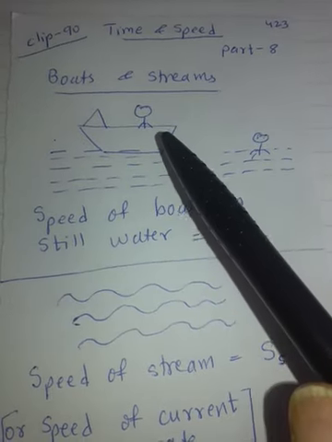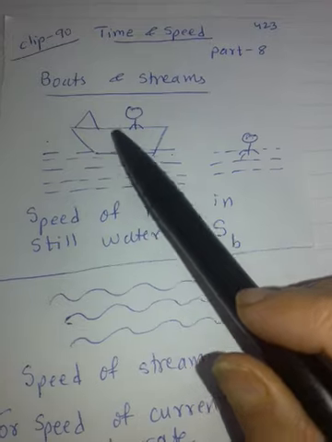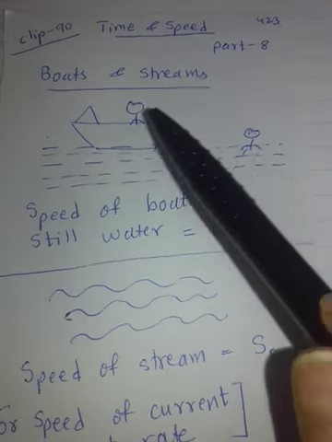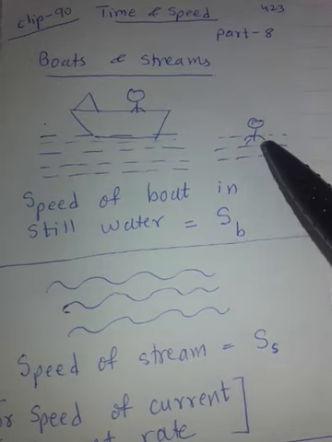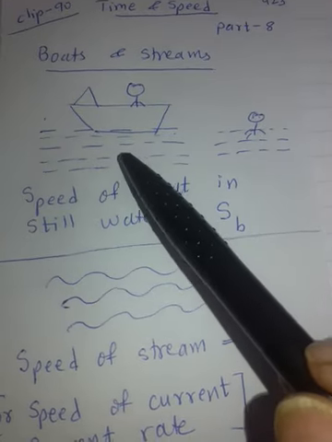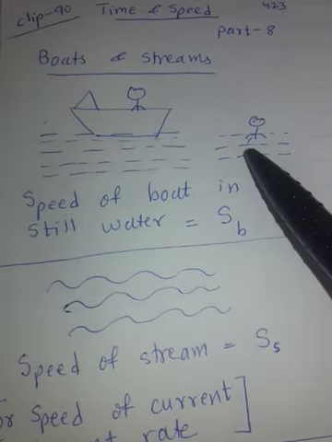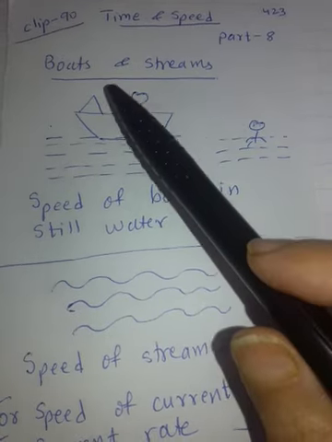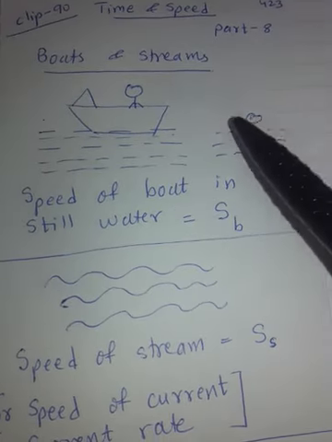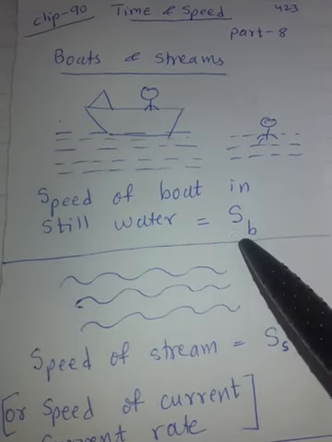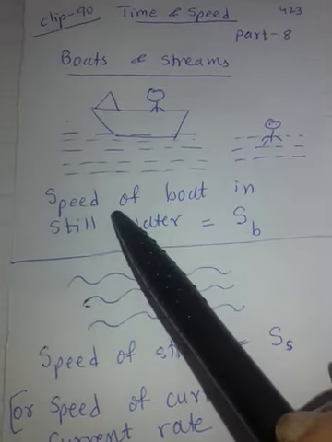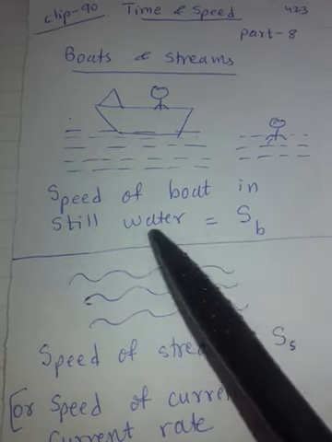In that case, whatever is the speed of the boat, or whatever his own speed he is swimming with, with that he will move ahead, because water is still. Water is not moving. So सिर्फ उसका जो boat का speed है या उसका खुद का speed है, that will only matter. So we are going to call it SB, speed of boat in still water.